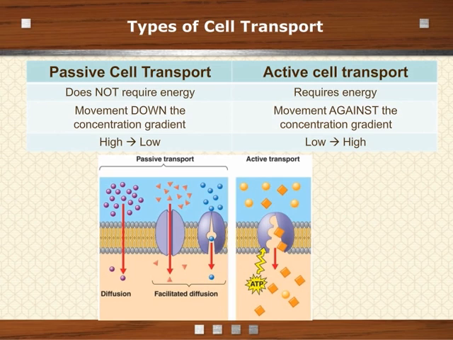It's moving from a low to a high concentration, and in order for this to happen, it has to go against the gradient. It has to go up the hill in a sense. If you are at the bottom of the hill with your bicycle, you're going to have to pedal to get up that hill, to go from a low to a high level, requiring the use of energy. Same thing happens in cell transport.